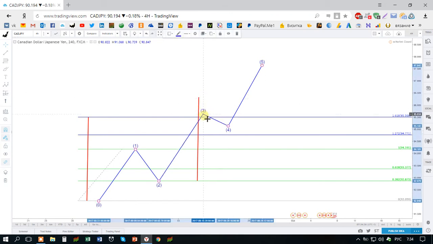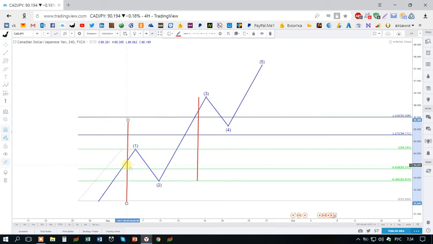If you draw it this way, yes, you calculated the extension of this and you draw it 1.618, this won't mean that you started from wave 2. As you see, the 1.618 is started here from 0, from the beginning of wave 1. No, this 1.618 measurement is not the true measurement.